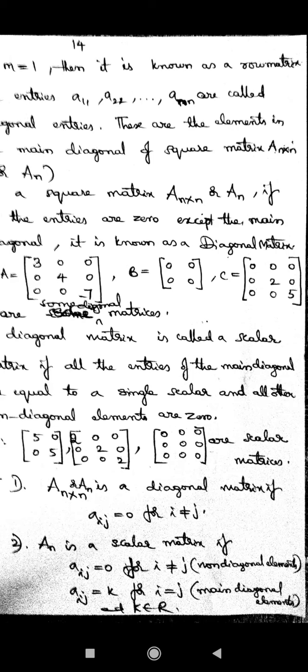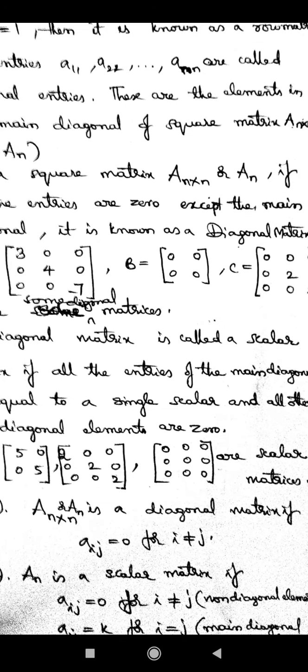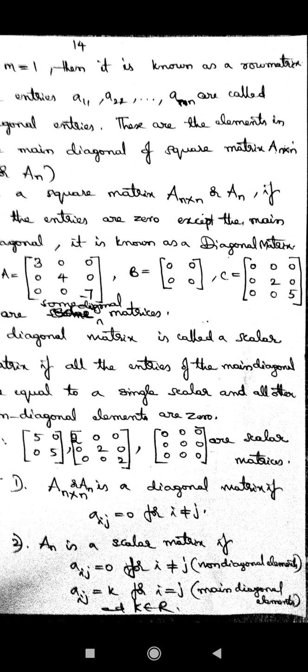That means A12 should be 0, A31 should be 0, like that.